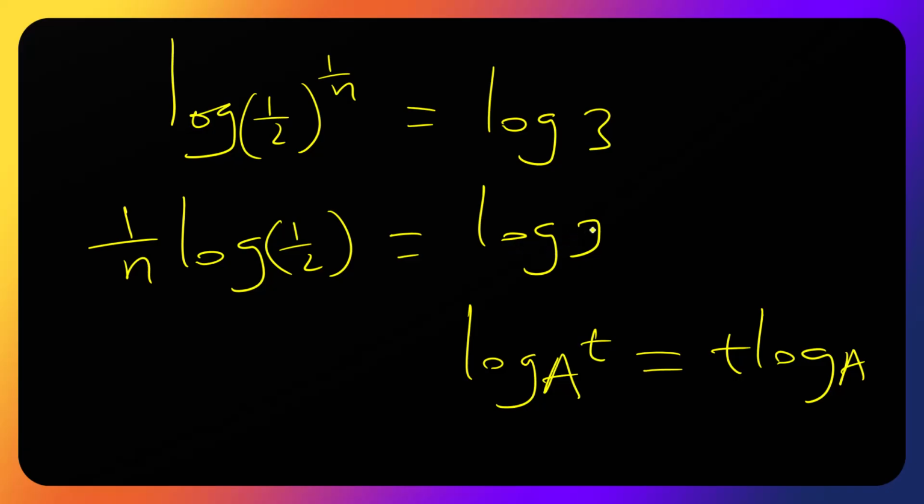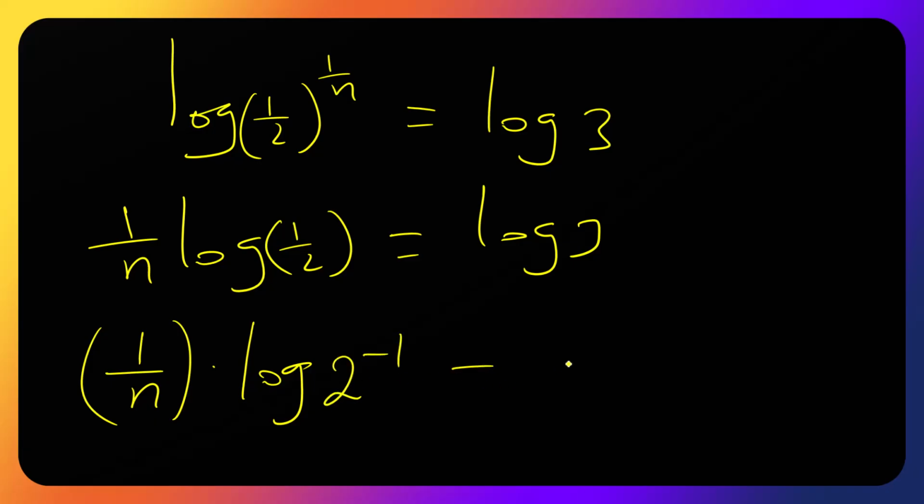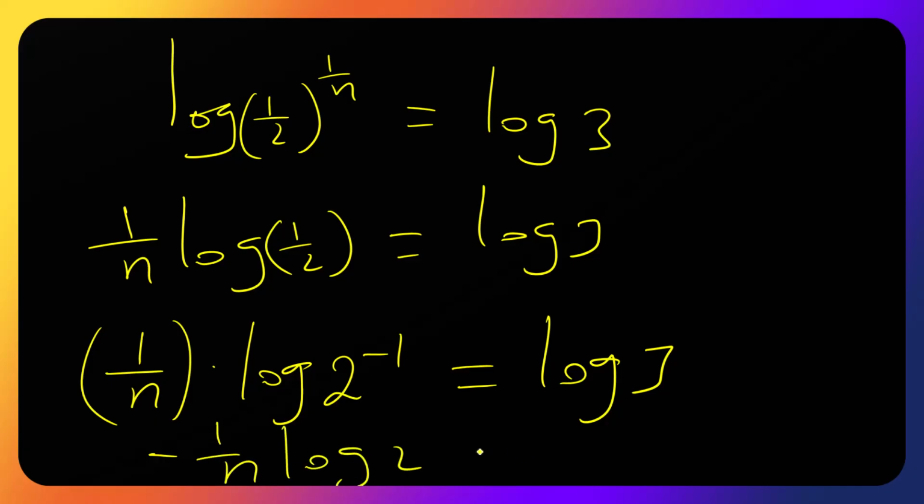Now we can write this one as 2 to the power minus 1, and the negative one will still come here. So log 2 to the power minus 1 is the same as log 3. The negative one will come, so that will be minus 1 over n log 2 equals log 3.